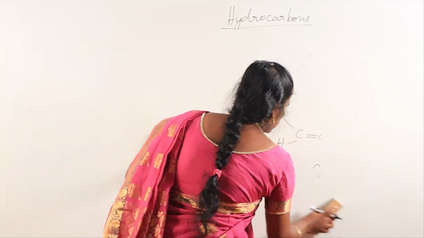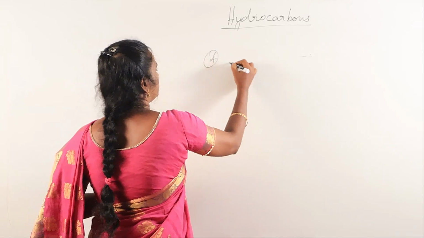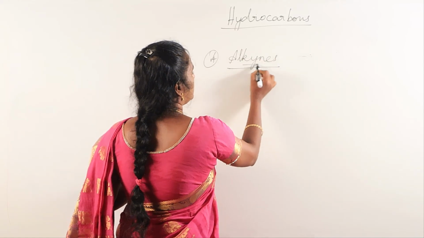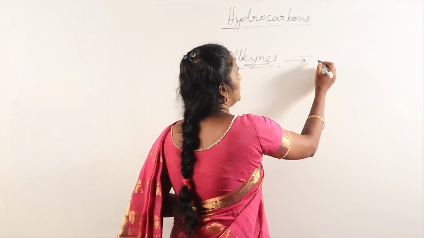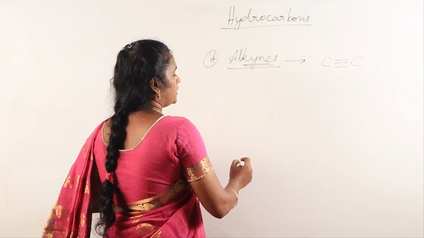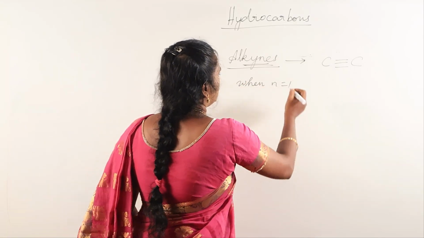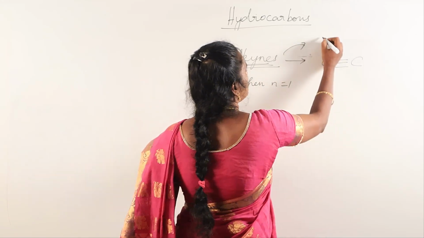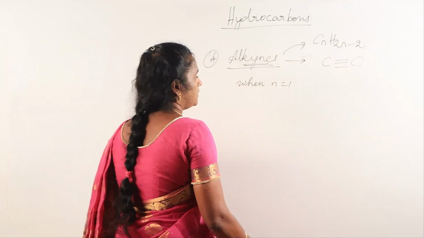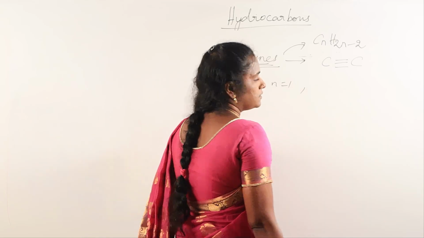Next one, alkynes. Alkynes means this compound contains a carbon-carbon triple bond. It has the general formula CnH2n-2. When n is equal to 1, we get no valid structure.